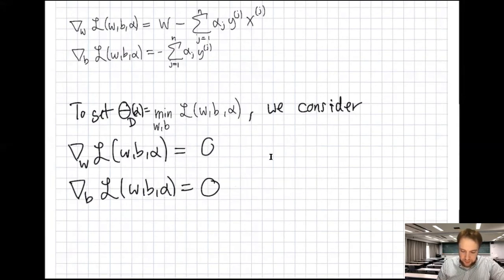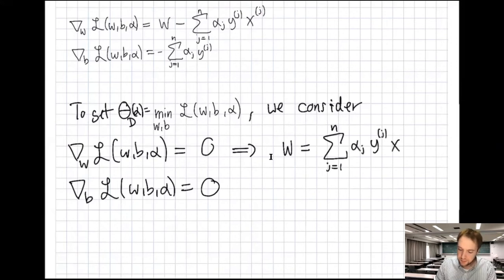So in particular, what this then means is if this here equals 0, this just means that the best W to solve this is given by this sum here, alpha j, yj, xj.